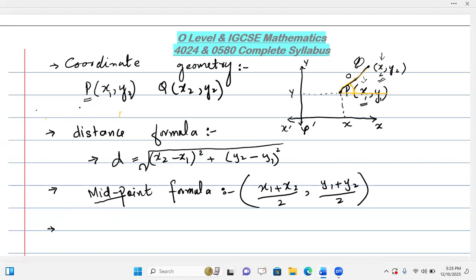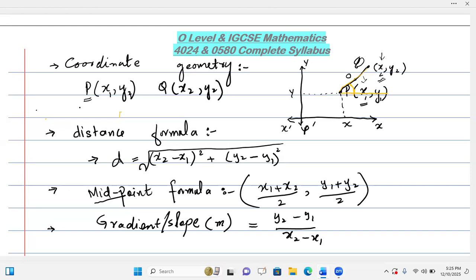The gradient, also named slope, is denoted with the symbol m in our line equation, and we use the formula y2 minus y1 over x2 minus x1. This will be the formula for calculating the gradient.